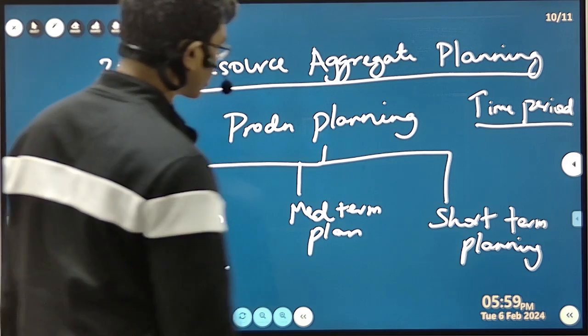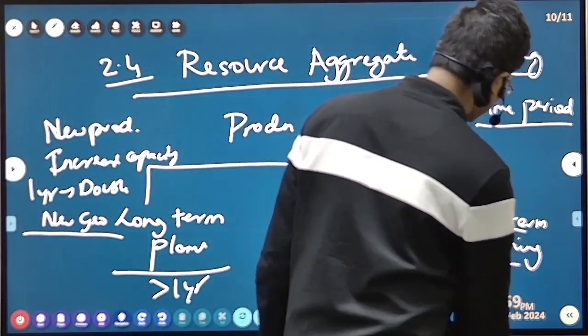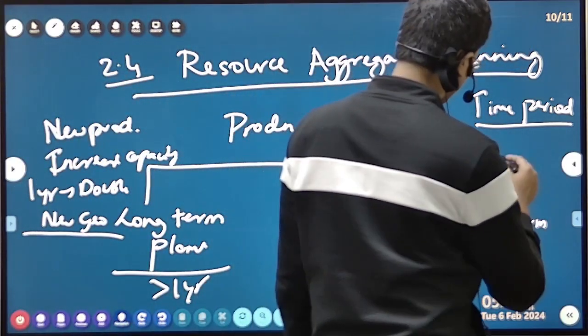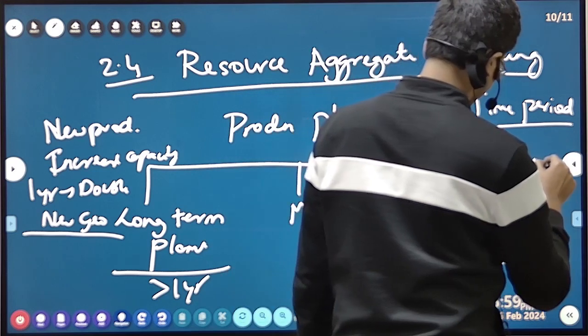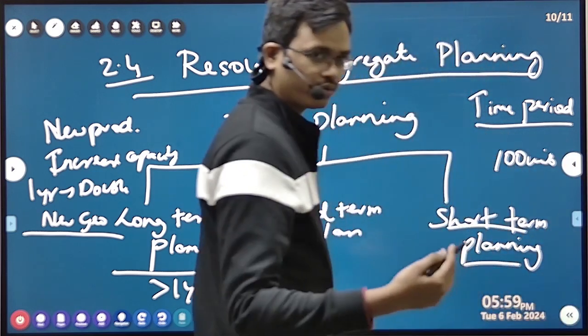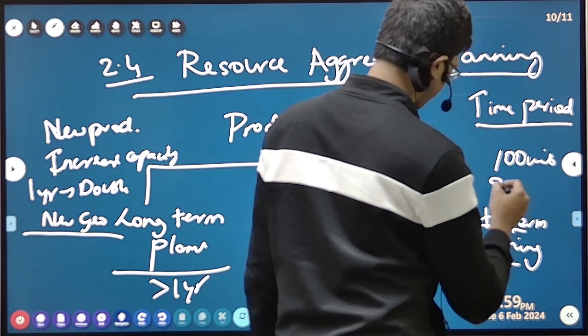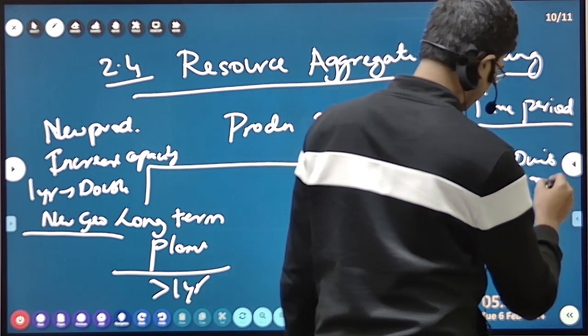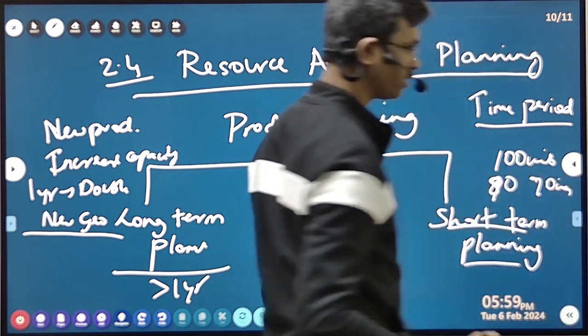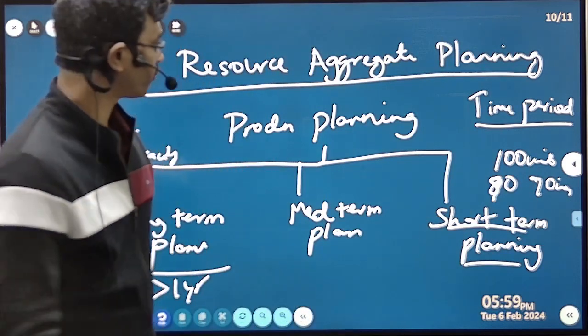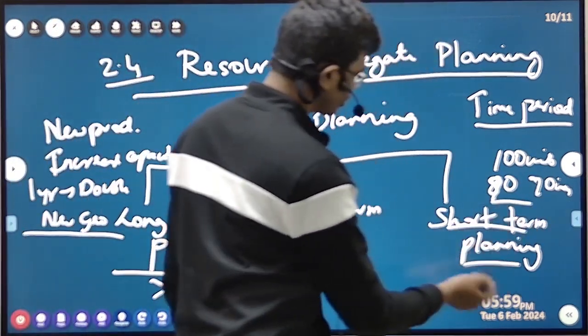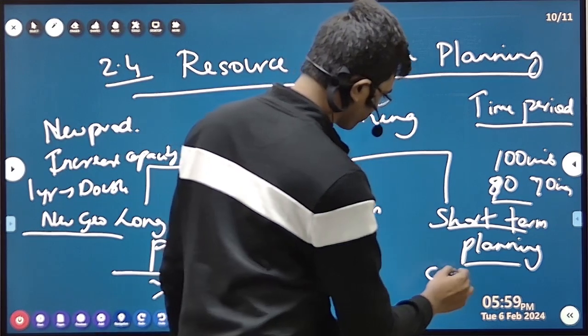Okay, and short-term planning. So tomorrow you have to deliver 100 units, and you have manufactured say 80 or 90. For the remaining 20 units, you have to allocate capacity and manpower.